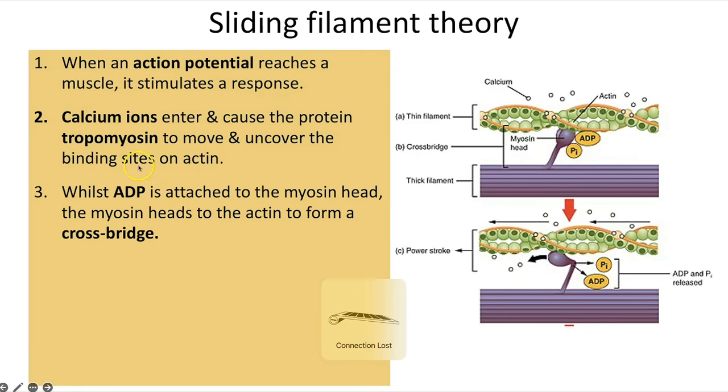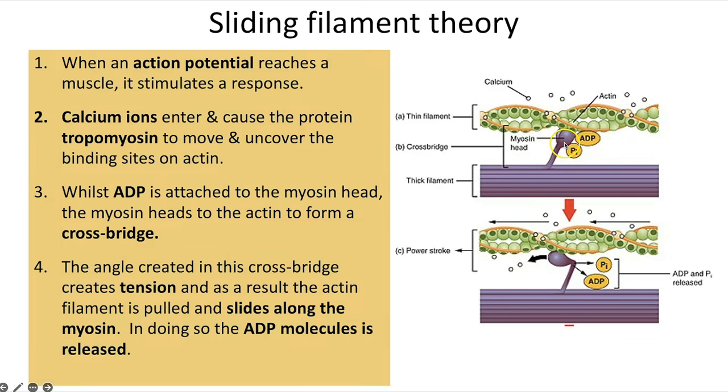So once those calcium ions have been released and the tropomyosin has been pulled out of the way, the myosin binding sites are revealed, and the myosin heads, because they're complementary in shape, attach. And whilst the ADP and Pi are attached to that myosin head, it is the correct shape to be able to attach to those myosin binding sites on actin, and it forms what we call a cross bridge.